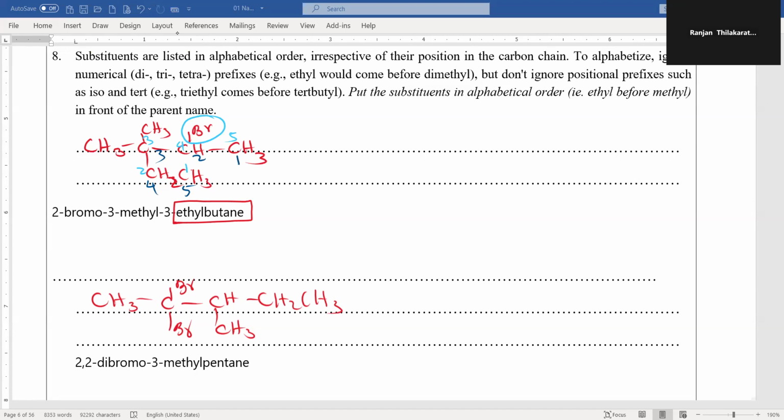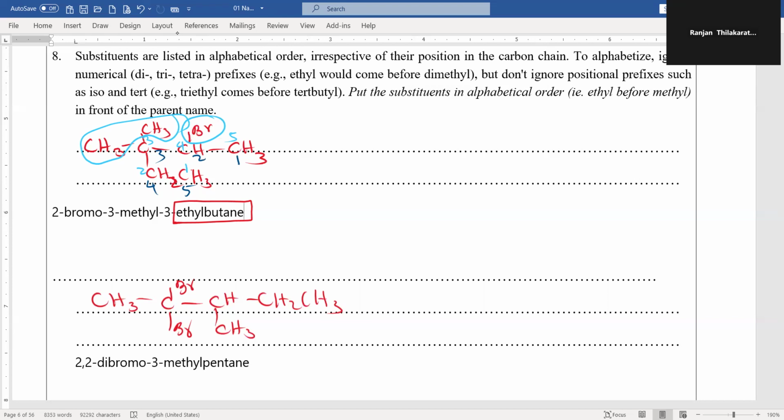Light blue, bromine gets number 4; dark blue, bromine gets number 2. And the longest chain contains 5 carbon. You are not ending with this carbon, right? That is a substituent. Then you have two substituents as CH3 and CH3 on the third carbon, and one bromine.